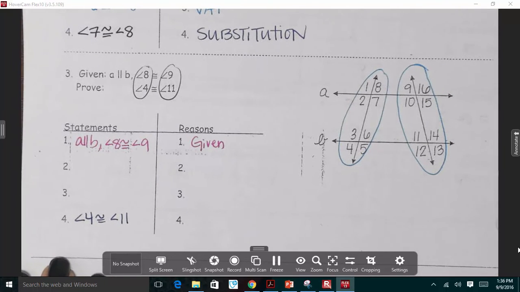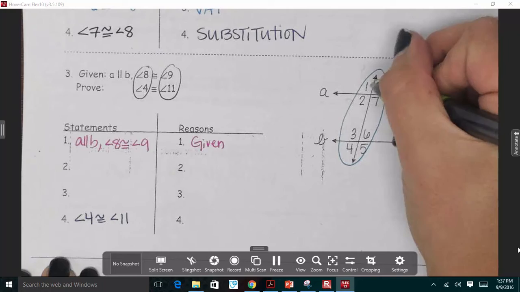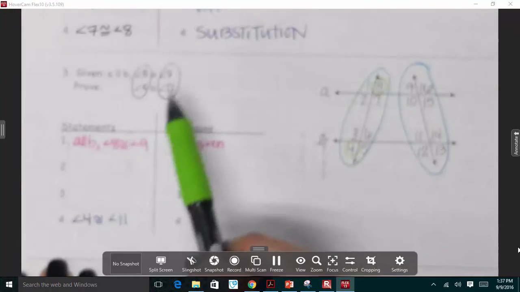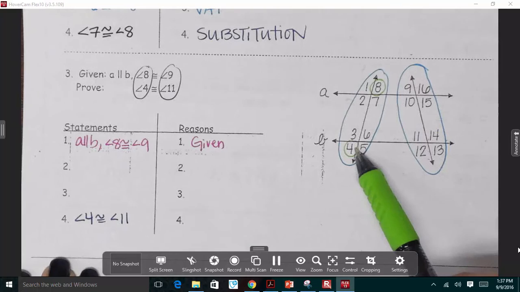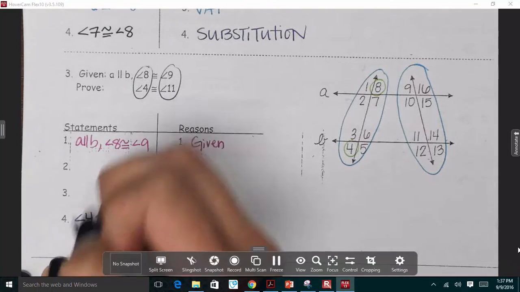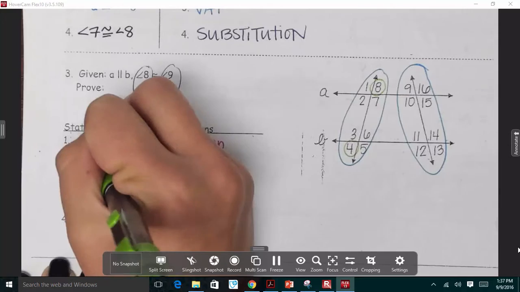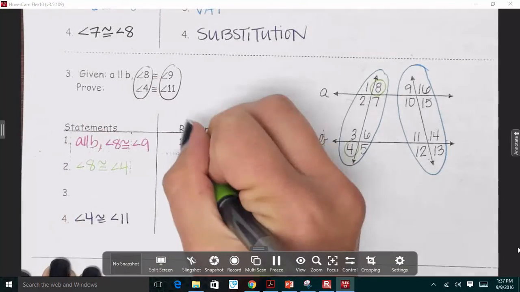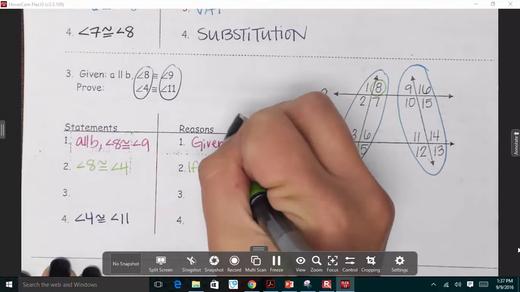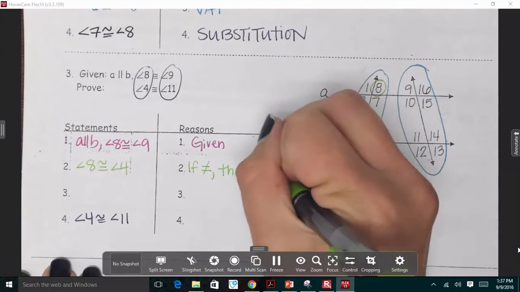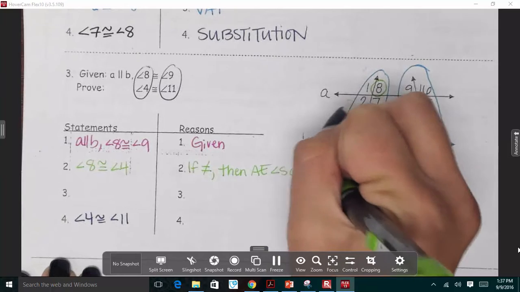Okay, so what's the rule about hopping from transversal to transversal? You can only do one at a time. We can't hop from one to the other. So in the first transversal, we're looking at angle 8 and angle 4, because those are the 2 that were given. How do 8 and 4 have a relationship? Alternate exterior. So angle 8 is congruent to angle 4 because if two parallel lines are cut by a transversal, then alternate exterior angles are congruent.